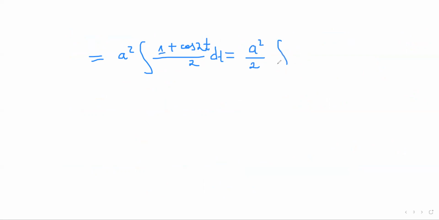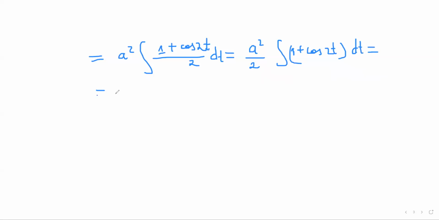We are going to get a squared times 1 plus cosine 2t divided by 2 dt. So we can factor 1 out of 2 out of the integral, and it's going to be the integral of 1 plus cosine 2t dt.